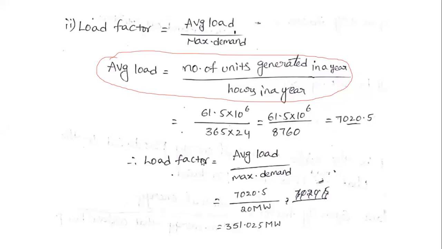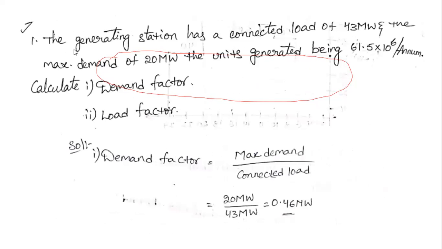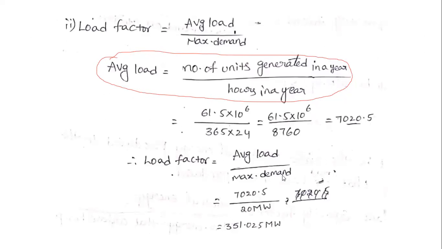Next, coming to the load factor. The formula for the load factor is average load by maximum demand. The average load is 7020.5, and the maximum demand, as given in the question, is 20 megawatts.